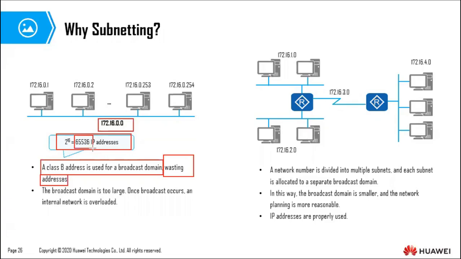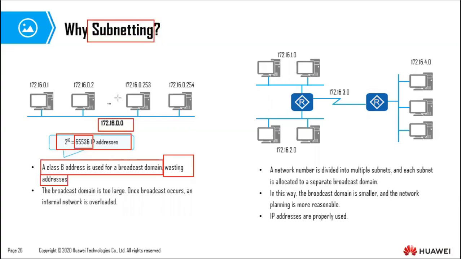But again, in this lab that we are in right now, we only have 25 computers. So do we really need to waste? We have 254 valid addresses. If we only use 25, do we need to waste all the others? We don't need to. So that is why we do subnetting.